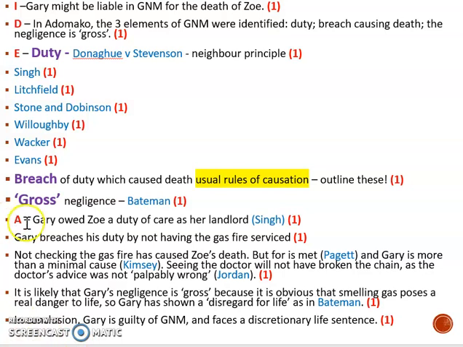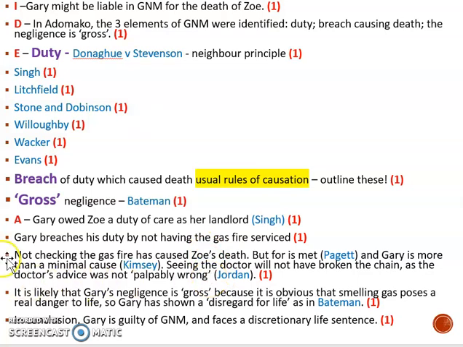So as we've said, he owed her a duty as her landlord. He's breached it not having it serviced, and you could talk there as well about the fact that he's ignored her twice, which is clearly a breach of his duty to her. And then I'm talking about causation. Again, mine's very brief. I would want you to go into quite a lot of detail here.